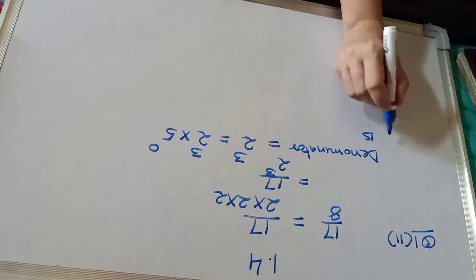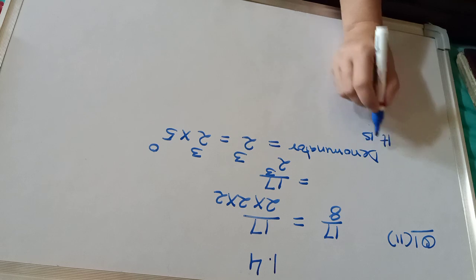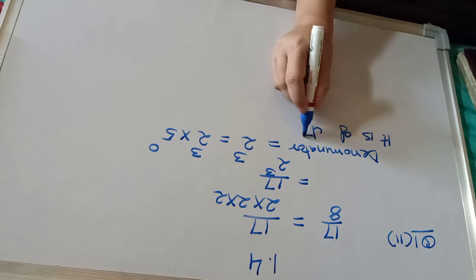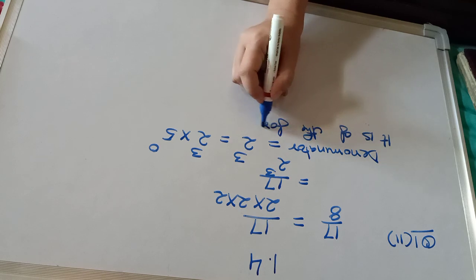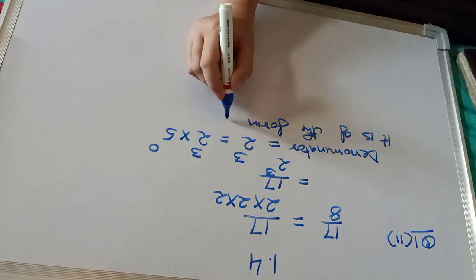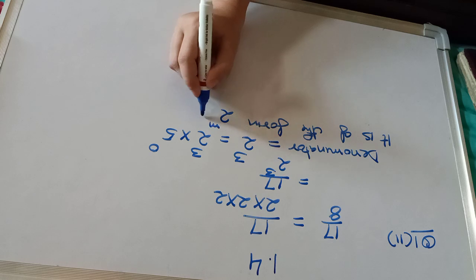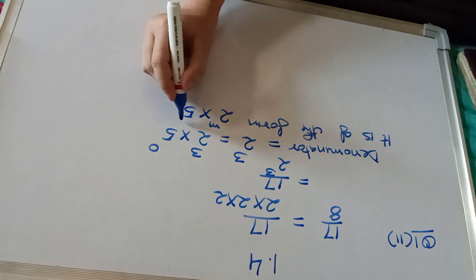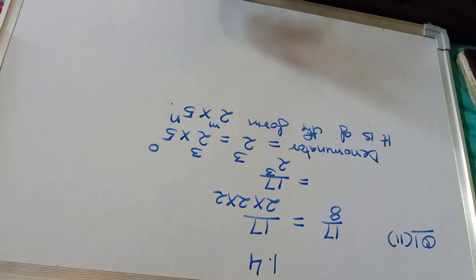So it is of the form 2 raised to power m into 5 raised to power n.